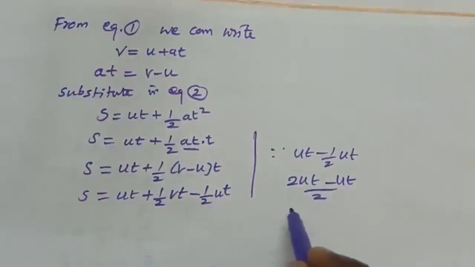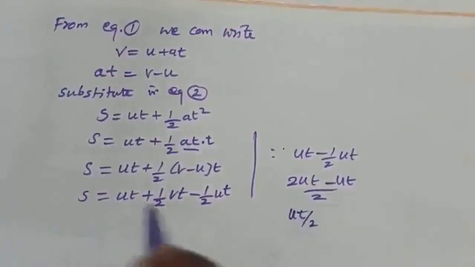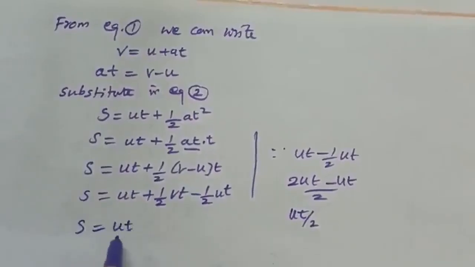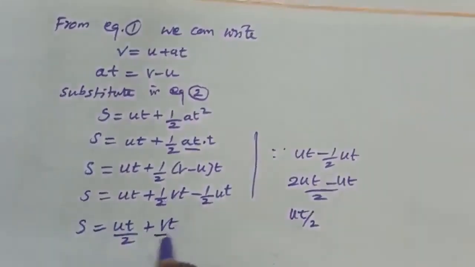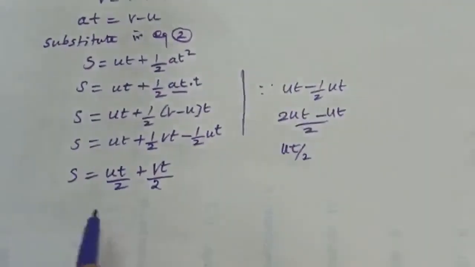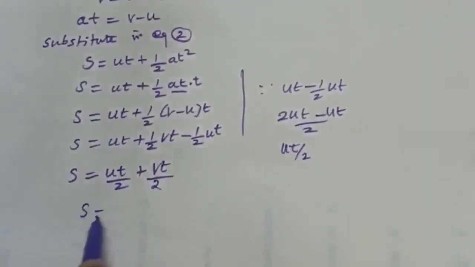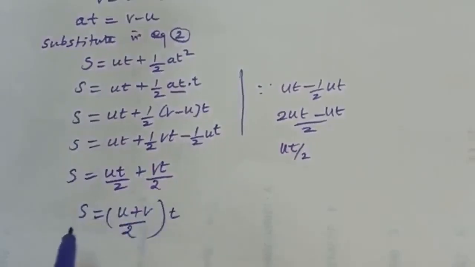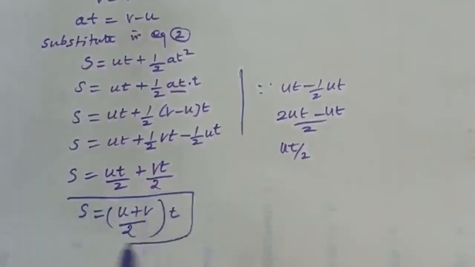So cancel and get the answer ut by 2. Now substitute here, therefore s is equal to ut divided by 2 plus vt divided by 2. Now here time is common, taking it outside, therefore s is equal to u plus v divided by 2 into t. So students, this is an equation of kinematics.